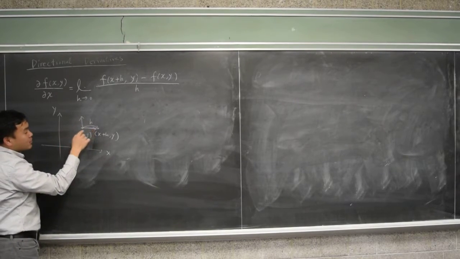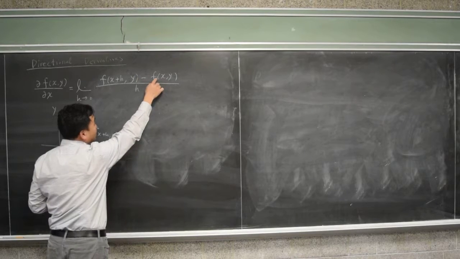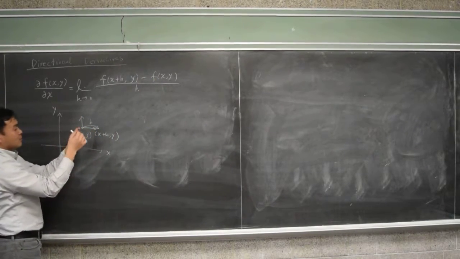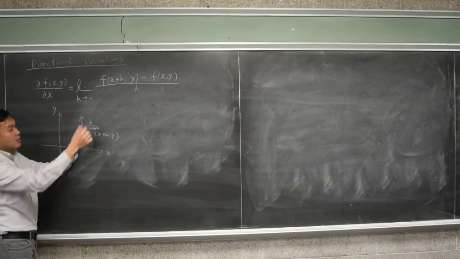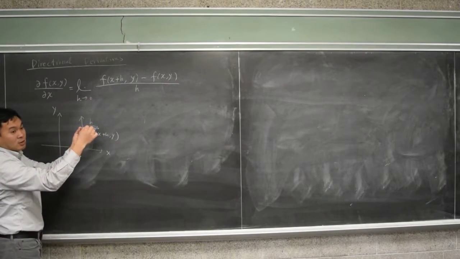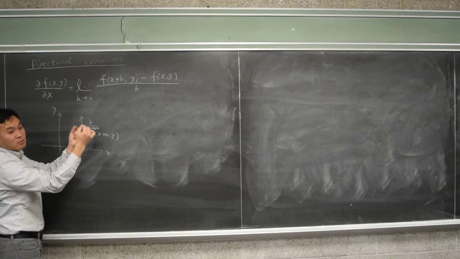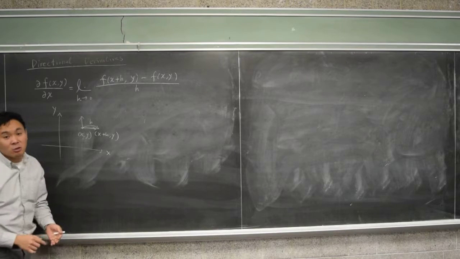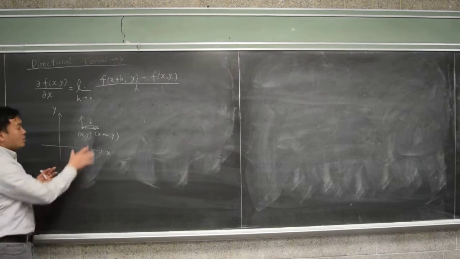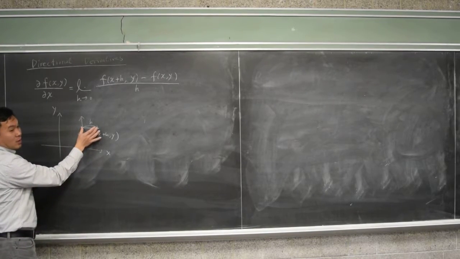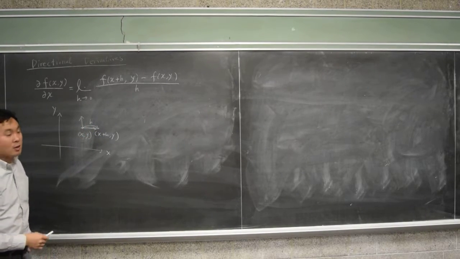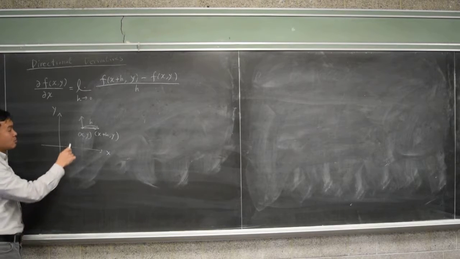And you're trying to divide the change of f by this length h. So if the function value was here and then over here the function value was here, then there's this difference in the function values divided by this length h, and that's the slope between the 2 points. And then when you close this h gap to 0, you get the instantaneous rate of change at that point, or the slope of the tangent line.